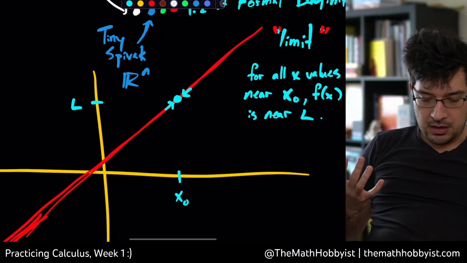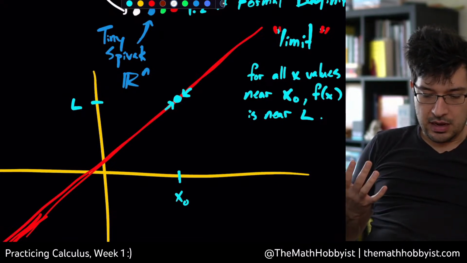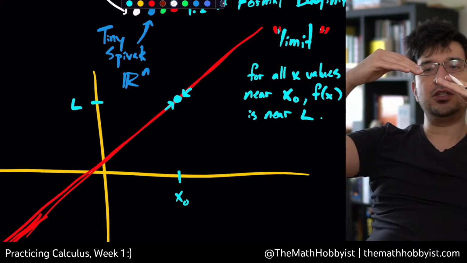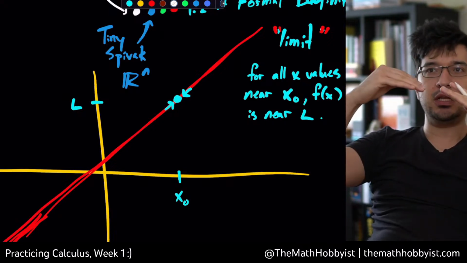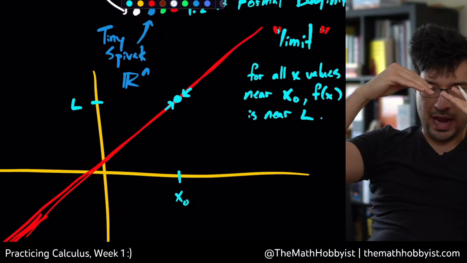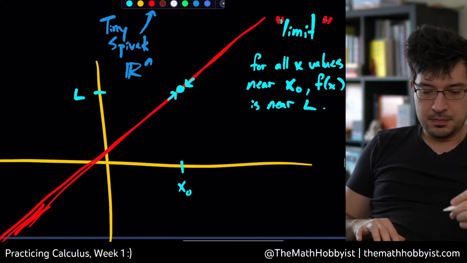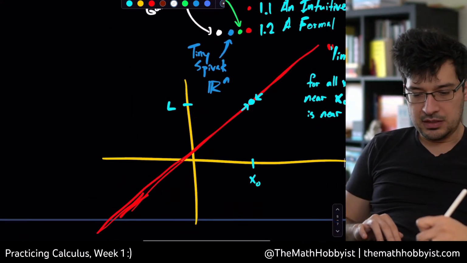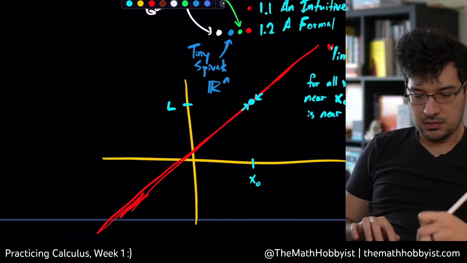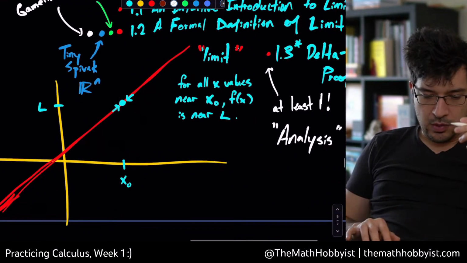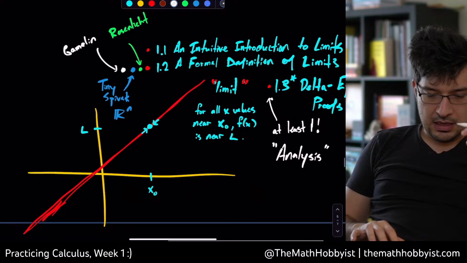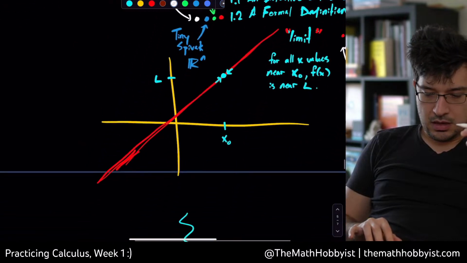The limit of a function is a value that the function approaches from the left and the right. Can we give something better, maybe a more formal definition than that?